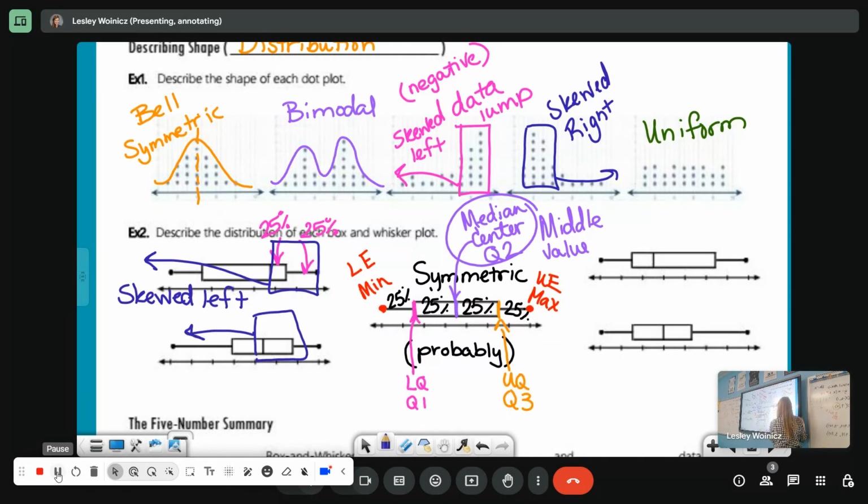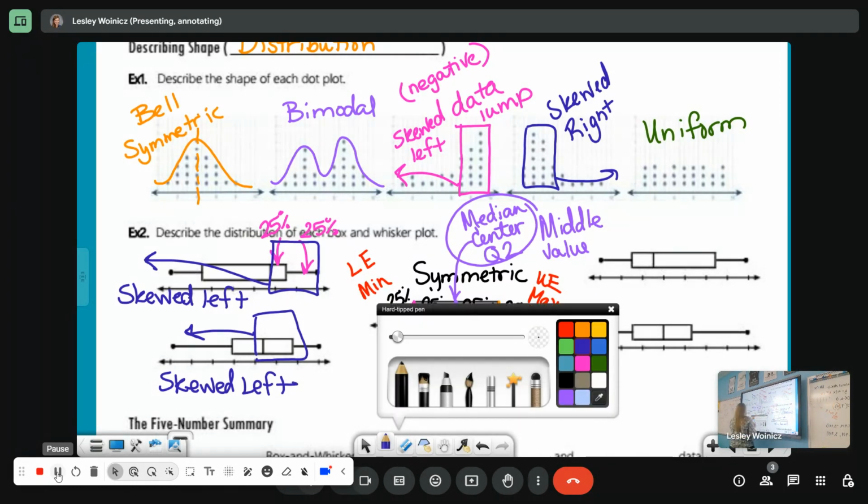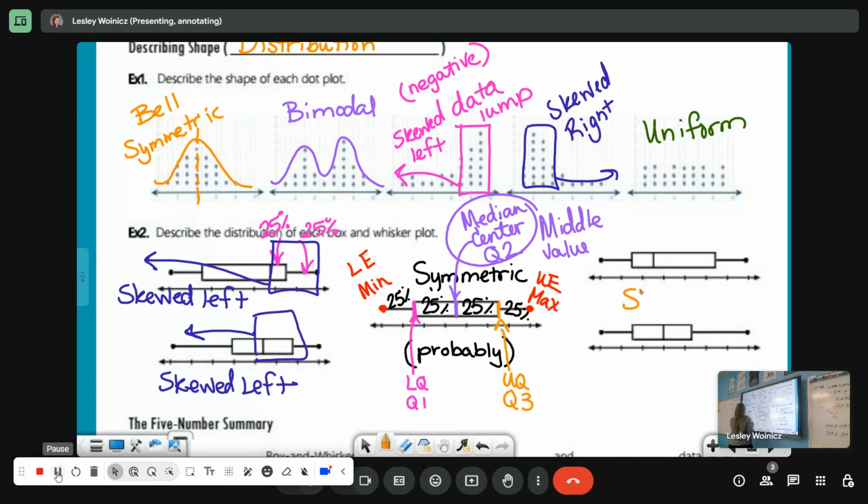It's still skewed left. All right, what about these? These are both skewed right, the pair of them. Because all of these, they're each 25%, no matter how big or long they look, or small or short. Fair enough?